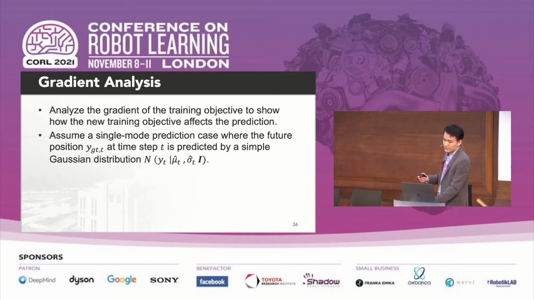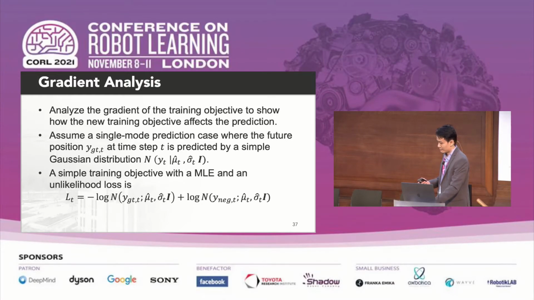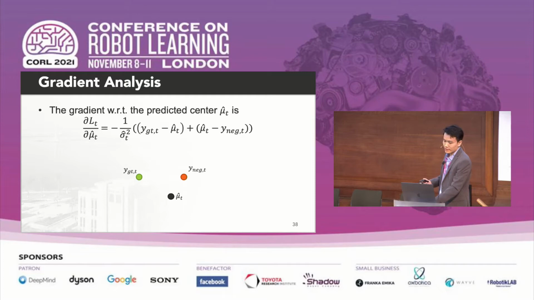Assume a simple single-mode prediction case where the future position at time step t is predicted by a simple Gaussian distribution. And the training objective is a combination of MLE and unlikelihood loss. In this case, the gradient with respect to the predicted center mu is in this equation.